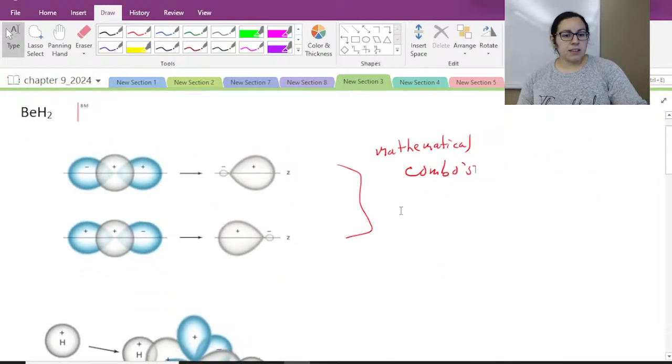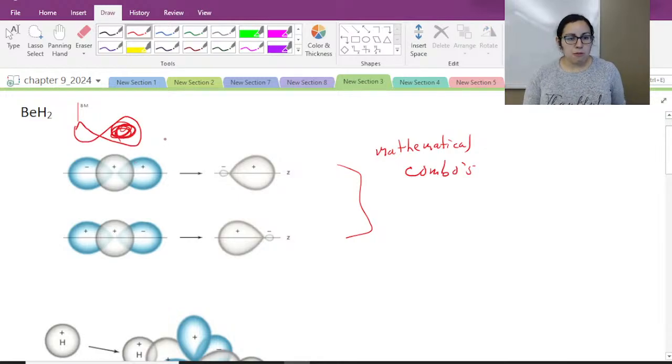Basically it's saying, and I like the shaded way better, but we have our pz orbital, in this case, since we're mixing them. And so we can have pz that looks like this, where one side is shaded and the other side is unshaded, so positive, negative.